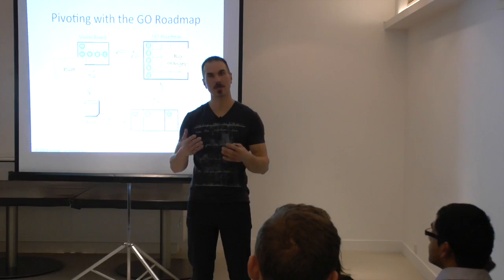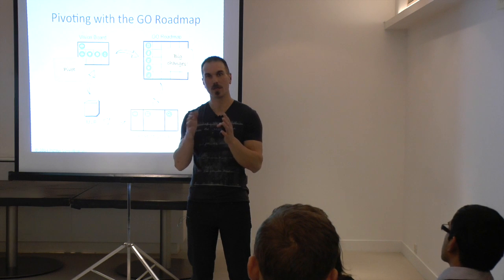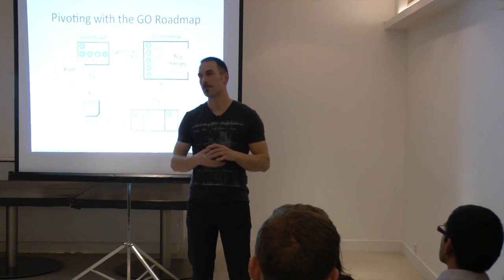I find that there's a correlation between the life cycle of the product and the frequency of the releases. It usually takes a little bit longer to get the first release out, and as you then enhance and update your product, you can typically shorten your release cycles.